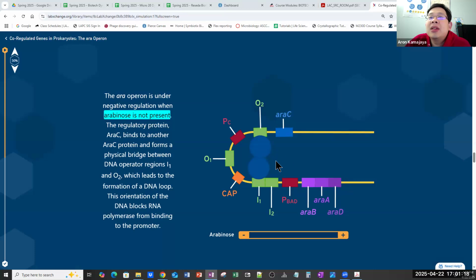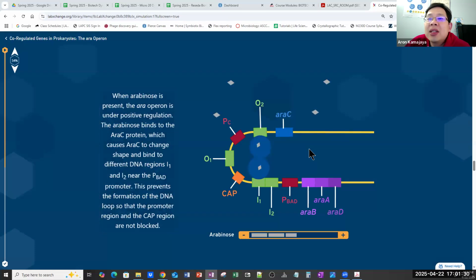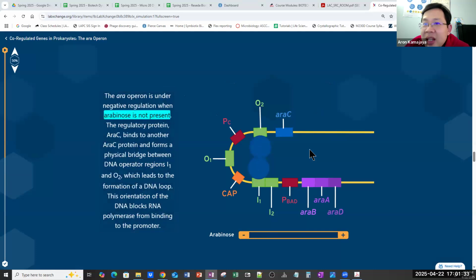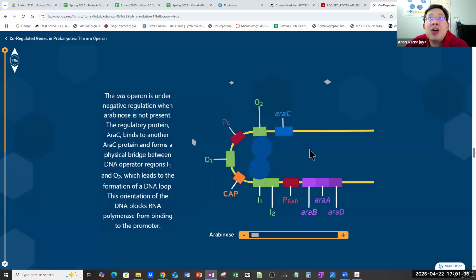But now, in the absence of arabinose, your RRC switched shape and binds to I1 and O2, forming this loop. Now the RNA polymerase cannot bind, and therefore the operon is off.